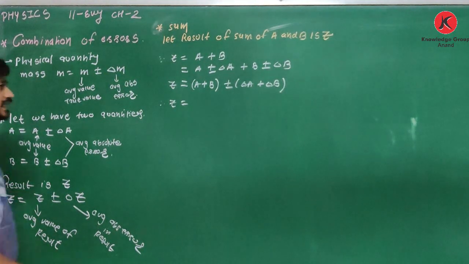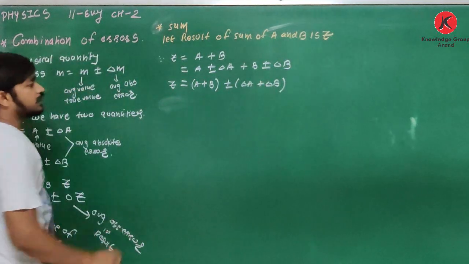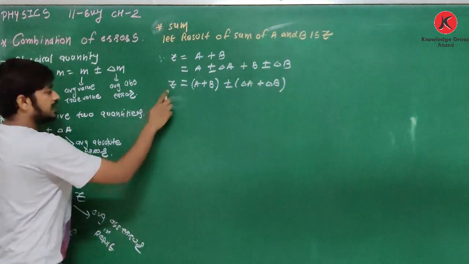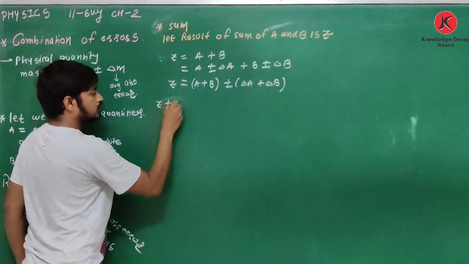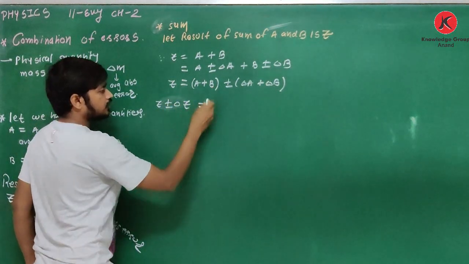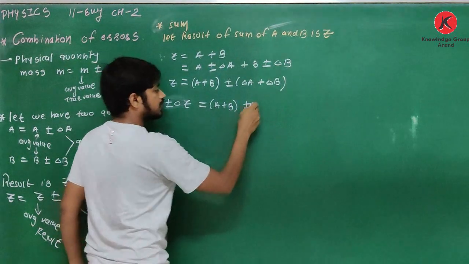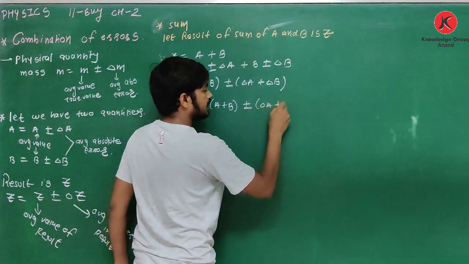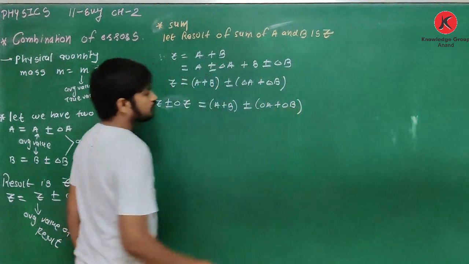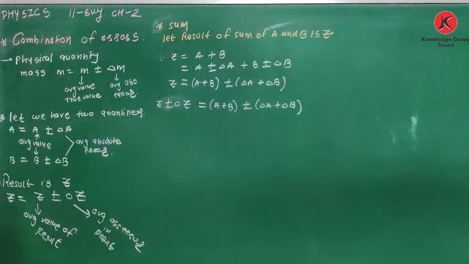So yes, I can also write Z is equal to Z plus or minus delta Z. Then see, here I will write Z plus or minus delta Z is equal to this side. It is A plus B plus or minus delta A plus delta B. So now if you compare, then how to compare?